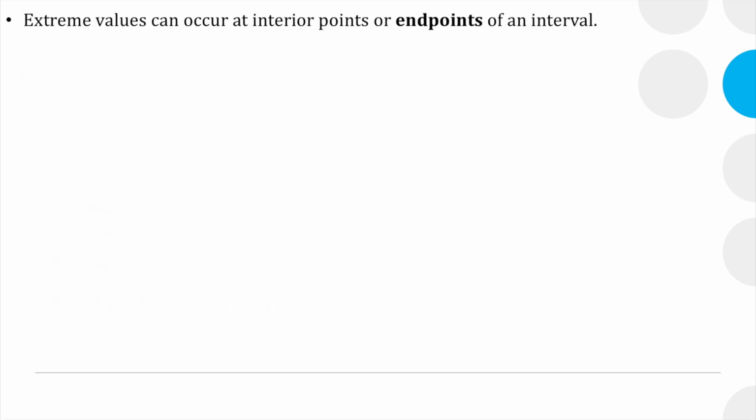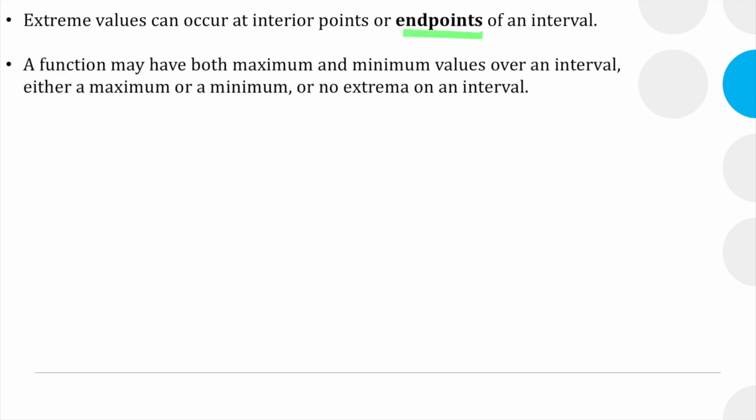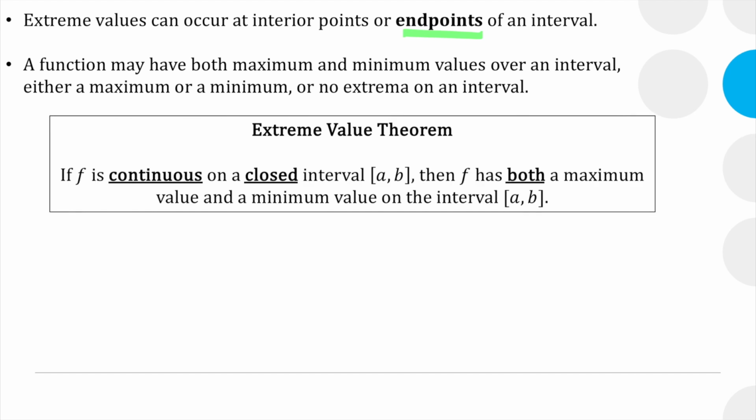Extreme values can occur at interior points or at end points of an interval. A function may have both maximum and minimum values over an interval, either a maximum or minimum, or no extrema on an interval. However, the extreme value theorem says that if f is continuous on a closed interval, then f has both a maximum value and a minimum value on the interval.